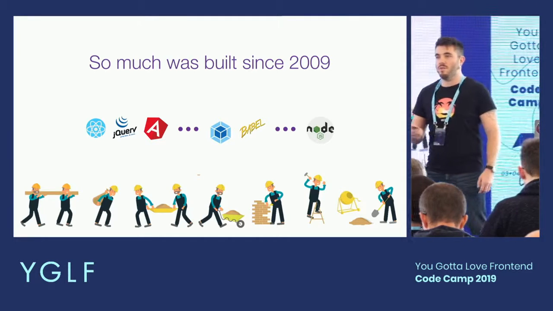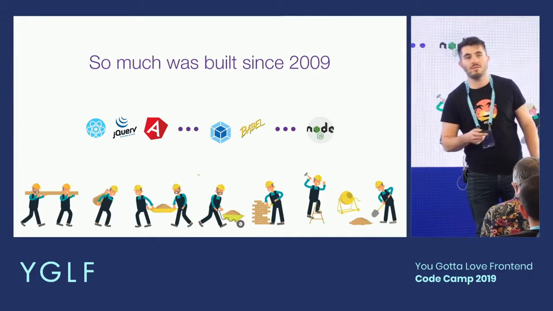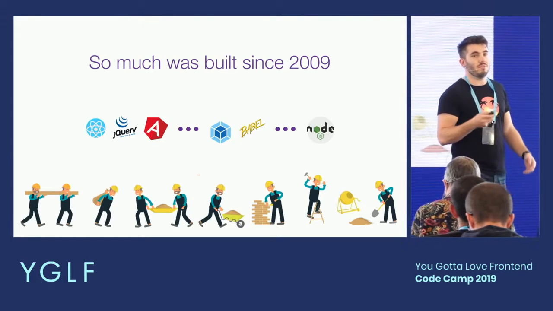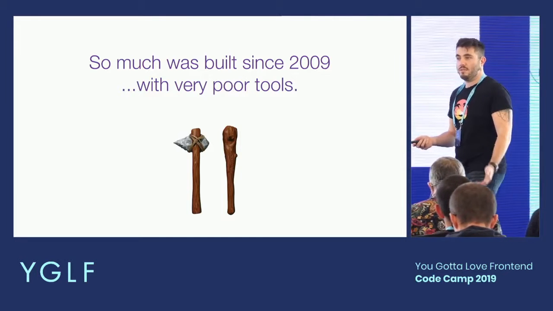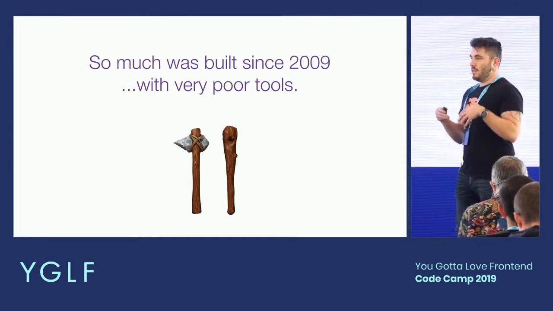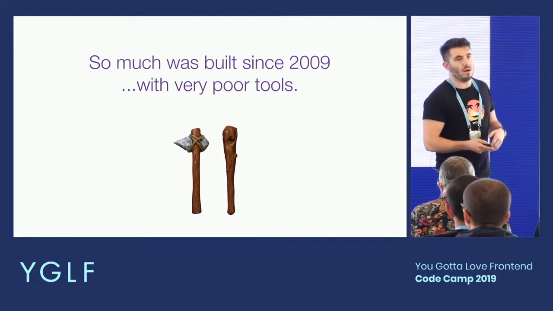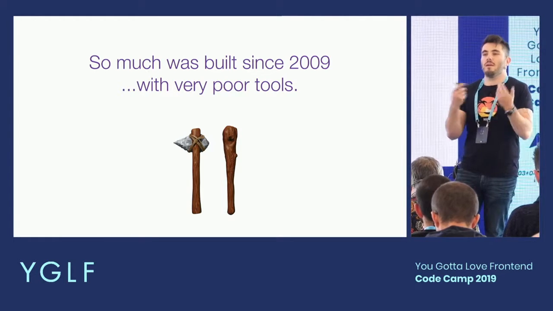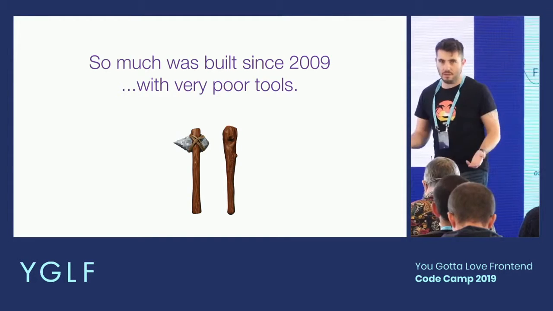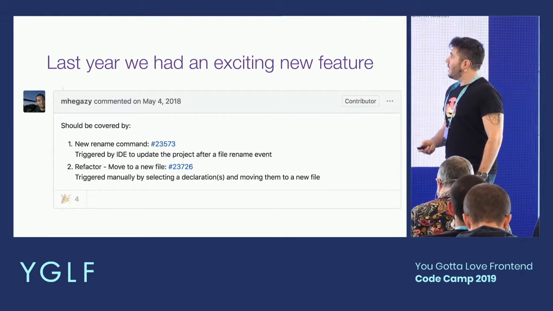The problem is, however, that we're doing all these amazing innovations using Stone Age tools, namely our IDEs. The IDEs used within the JavaScript ecosystem are light years behind their counterparts in any other language. Let's see proof.